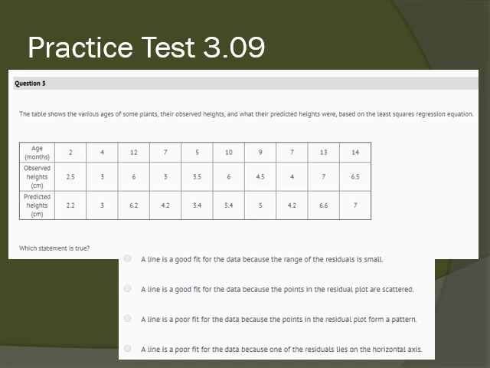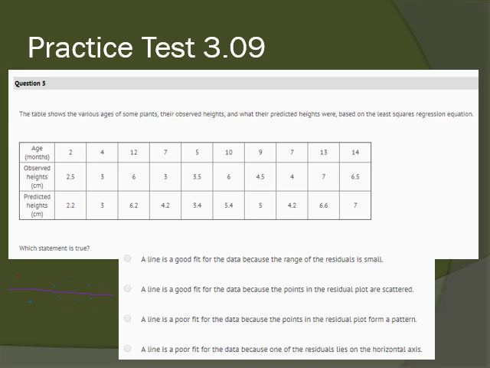And the table shows, same table, which statement is true. So your balancing act with these is, when you draw that residual plot, you want some above and some below. You don't want all of them to be below, then you placed your plot in the wrong place. You want a smattering of them, some above, some below.